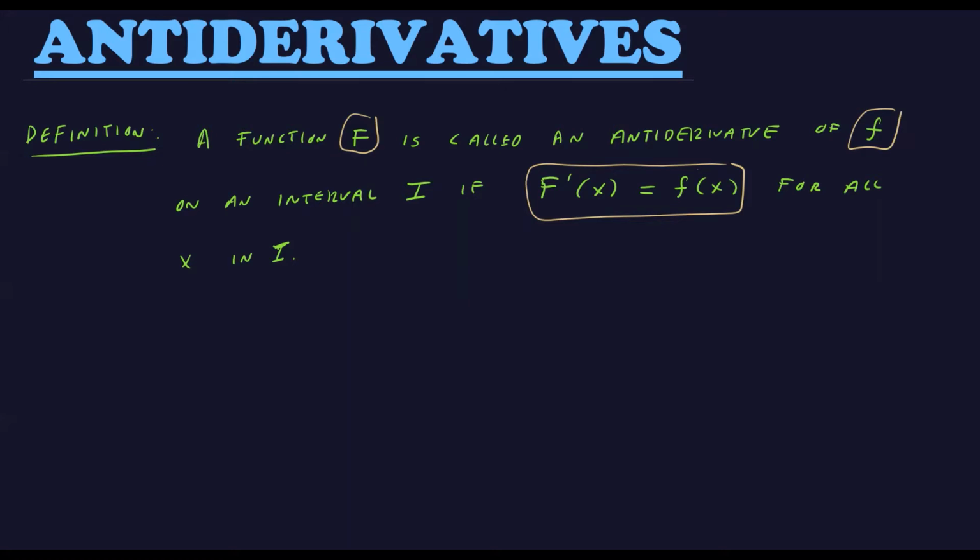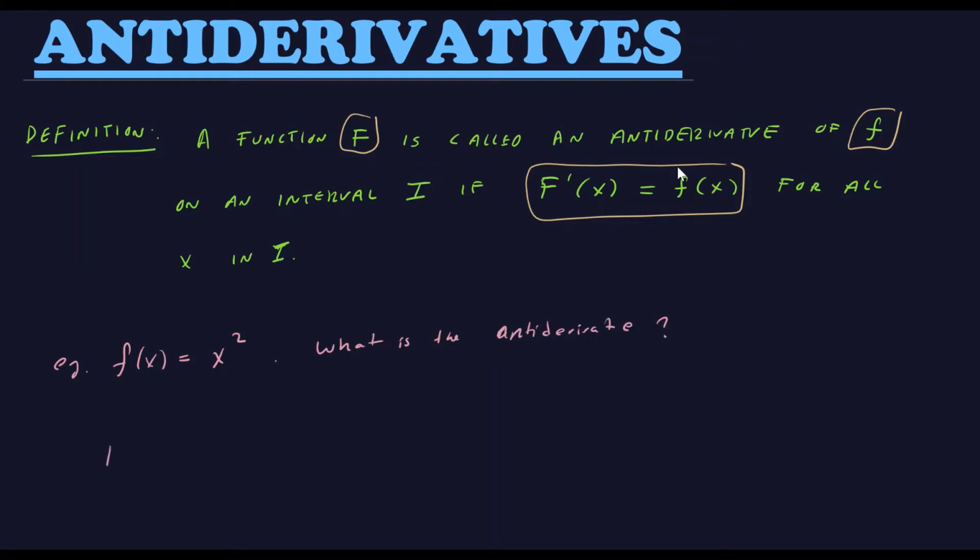For example, say we're looking at little f of x equal to x squared. We want to know what is the antiderivative of this function. Well, you're kind of guessing backwards.